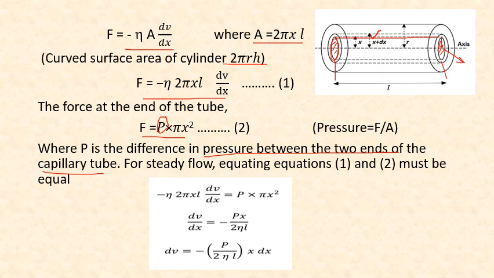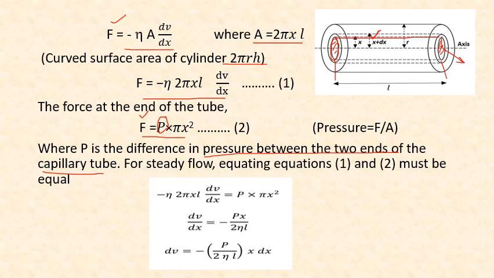Now for the liquid to be in a steady flow, these two forces, that is the tangential viscous force, must be equal to the force due to the pressure difference between the two ends. When these two forces become equal, the fluid will be in steady flow.